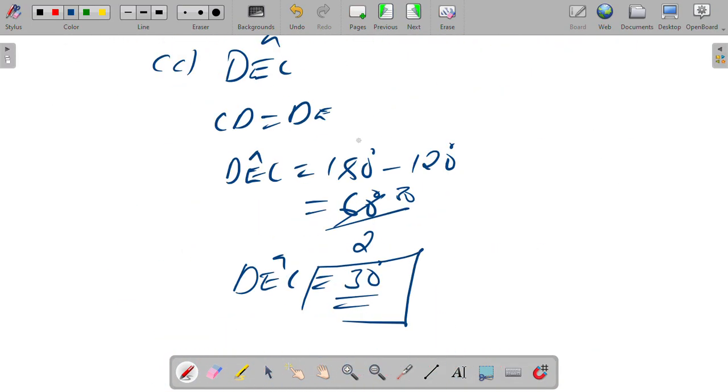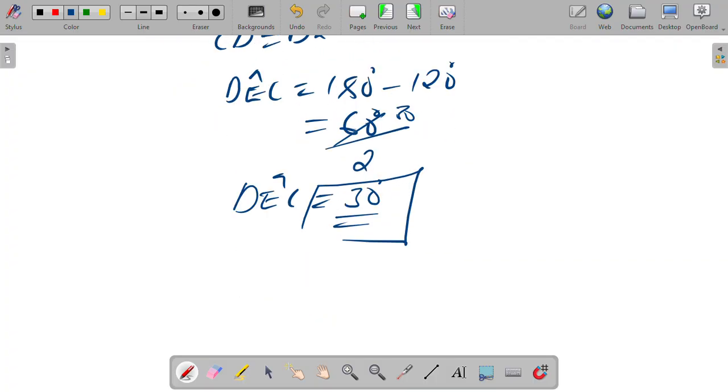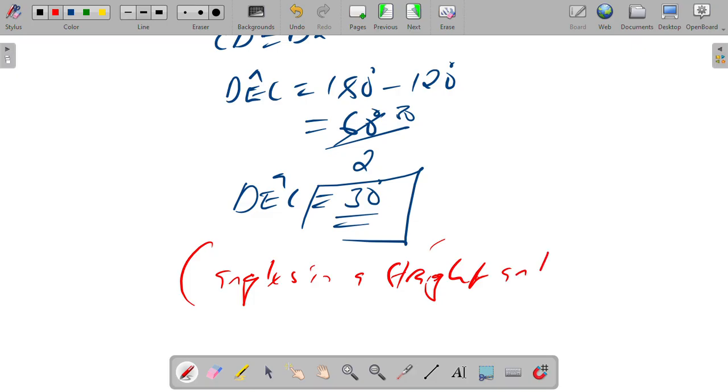We have applied angles in a straight line. You can write there: angles in a straight line. And sum of the interior angles.